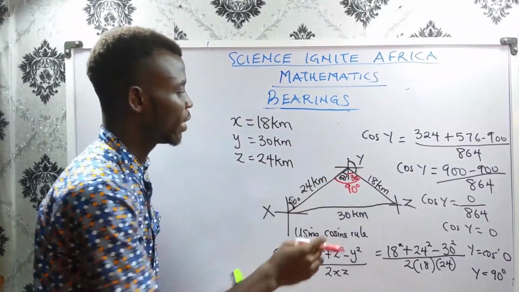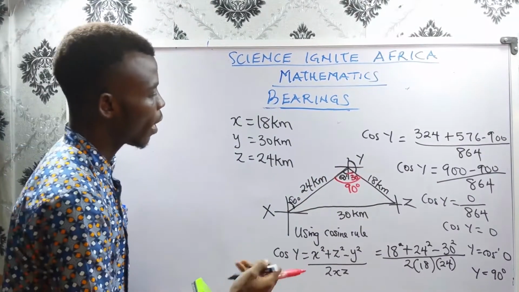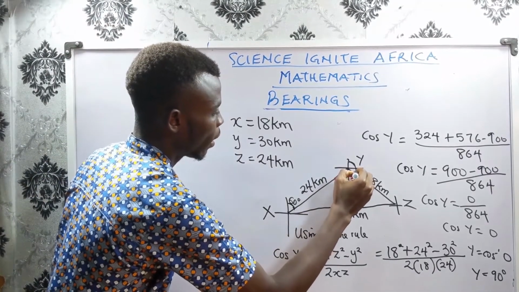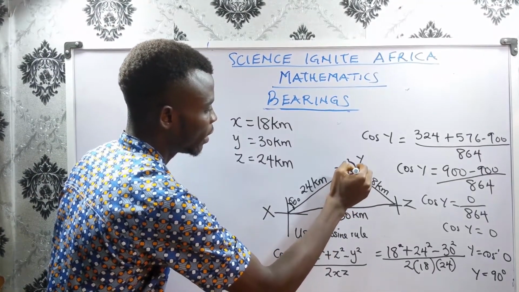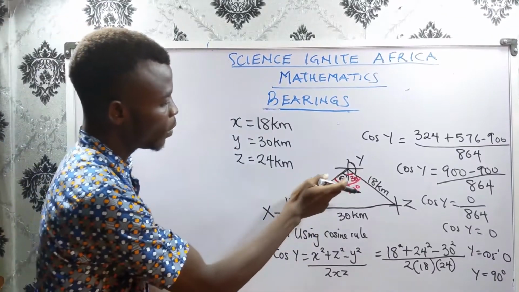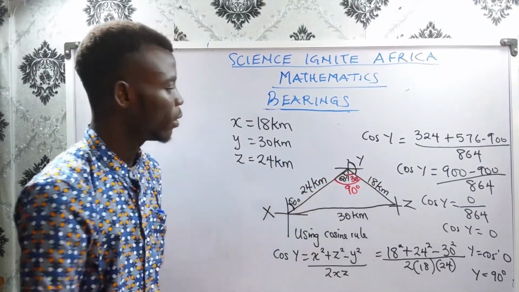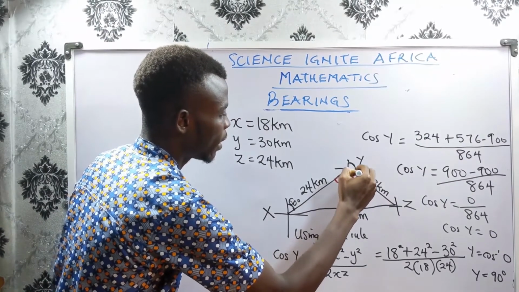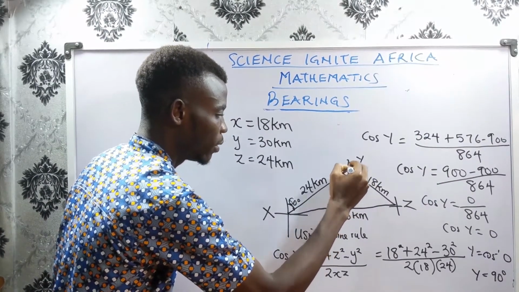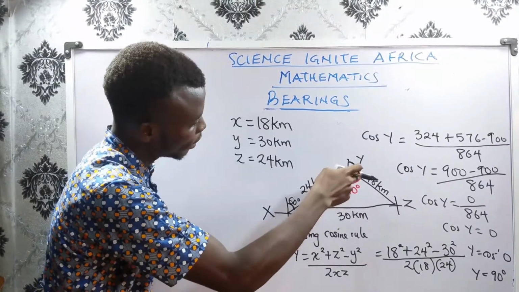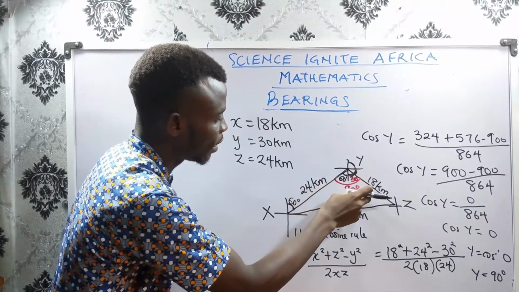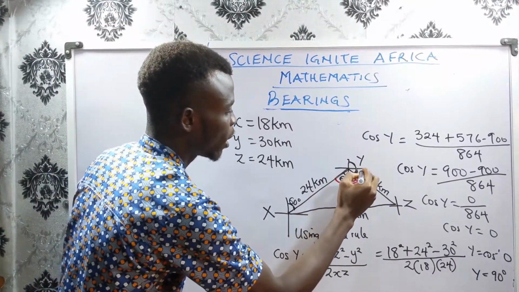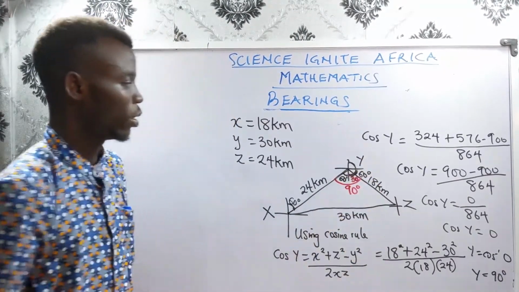From here down to here is 90 degrees, but we've been able to get 30 out of the 90 degrees. What will be left here will be 90 minus 30. Here will be 60 degrees.